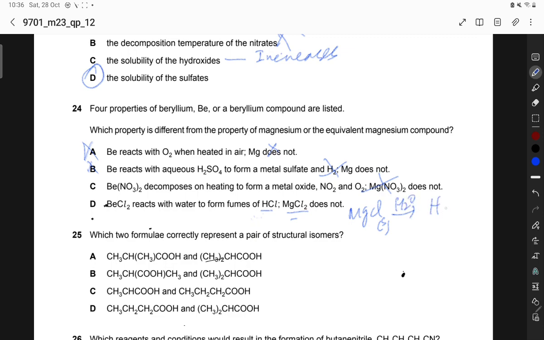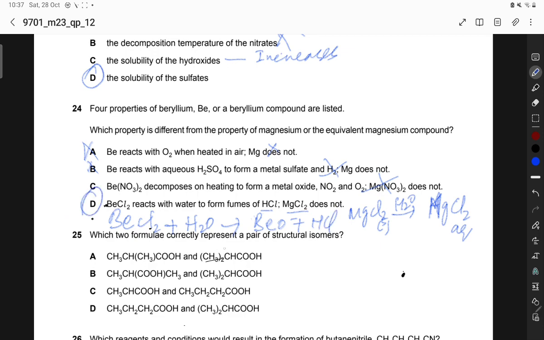Solid magnesium chloride dissolves in aqueous form. This is solid, it does not react, but beryllium chloride is essentially a covalent compound. It reacts with water to form BeO and fumes of HCl. So this is the correct option.